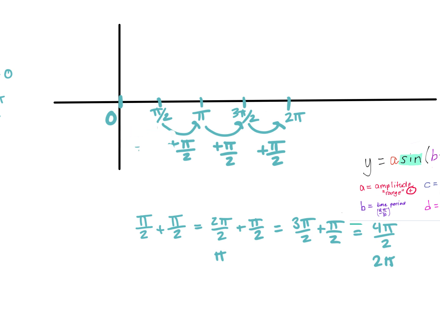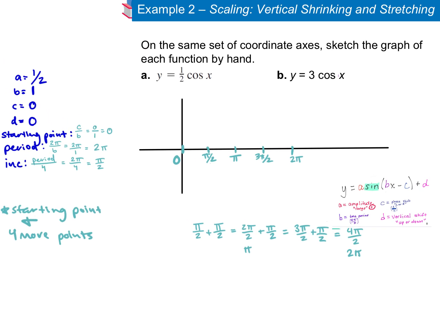So these are going to be our increments. Our amplitude is our A. So that's going to be the height of our graph. So we're going to go up to 1/2 and we're going to go down to -1/2. So the amplitude is just going to be the top and the bottom boundaries.